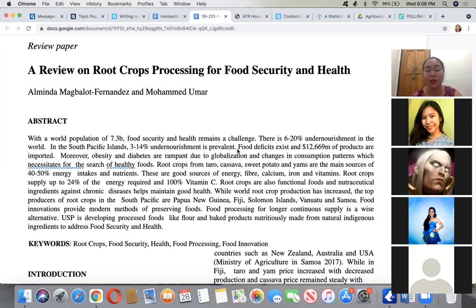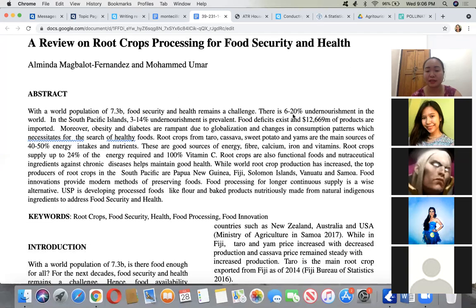The earth is so big, and we still have a lot, but the distribution of food is not even, and we still have undernourishment. And what is the importance of root crops to address food security and also health? This is concentrated in the South Pacific countries like Papua New Guinea, Fiji, Solomons, Vanuatu, and Samoa.